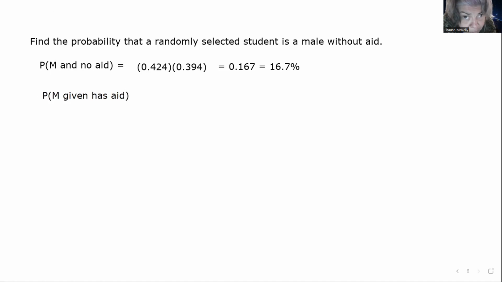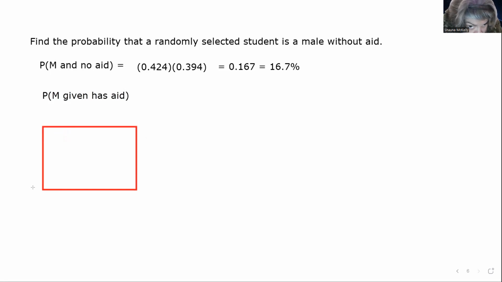What happens with this is that we're doing this. Let me draw some sets. We have the group of males right here, and we have another group, let's say here.